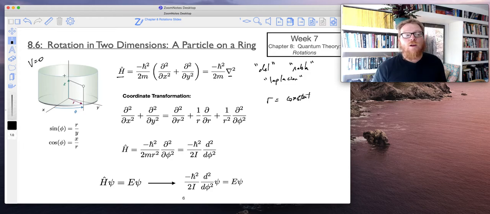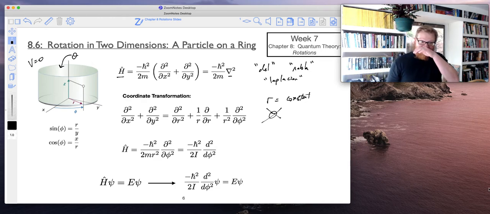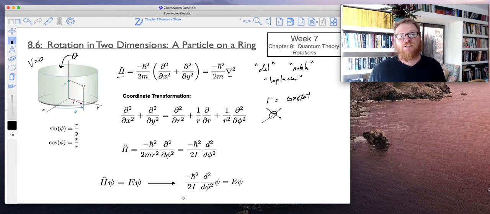And we're also going to be ignoring theta. Because remember, theta goes in this dimension. We'll eventually have to think about the theta dimension when we turn this into particle on a sphere. But for now, the only thing that we actually care about is the partial in phi.